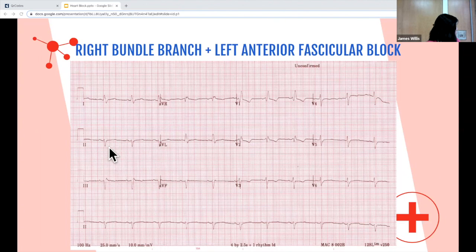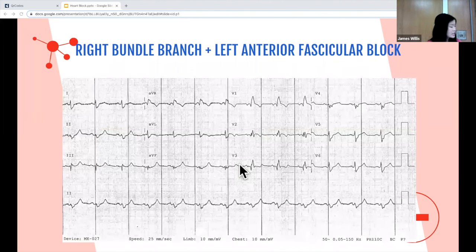And then you also see the negative in the inferiors and positives in the lateral leads, which is more indicative of an anterior fascicular block. And again, same thing: your little M's, your bunny ears, your slurred S's in the laterals. Your inferiors are more negative and your laterals are more positive. This patient actually had a 99% LAD occlusion.